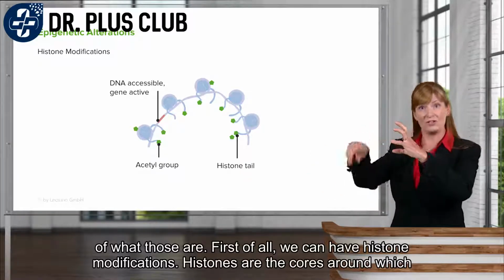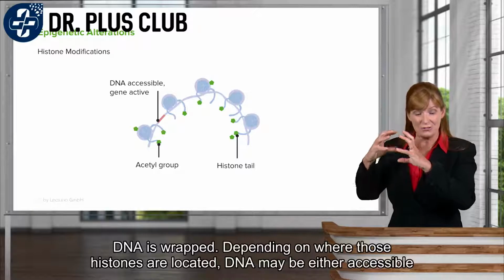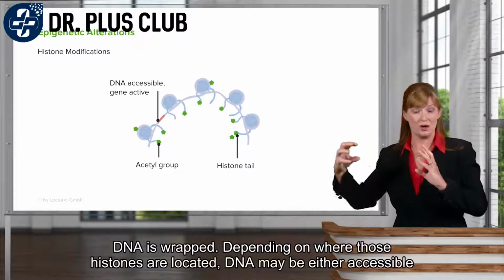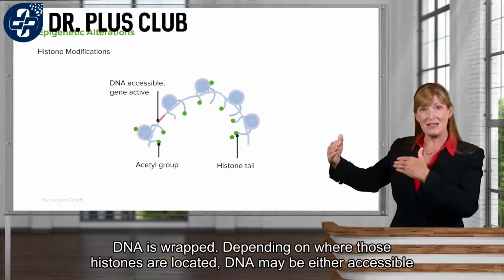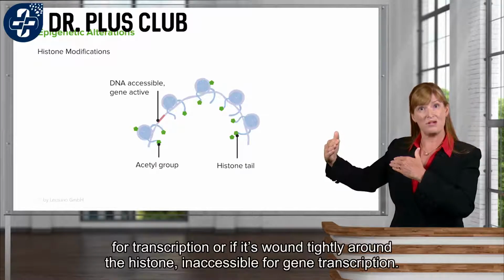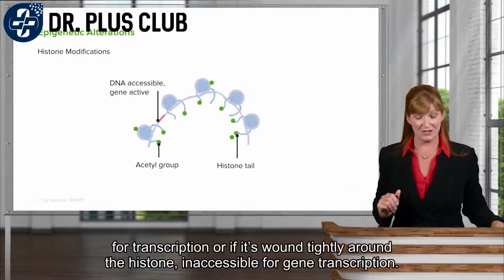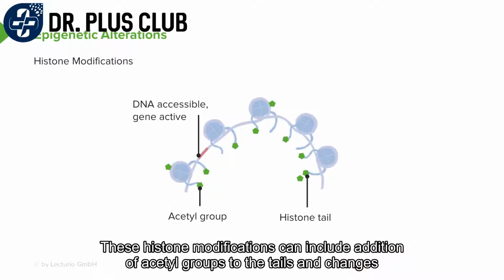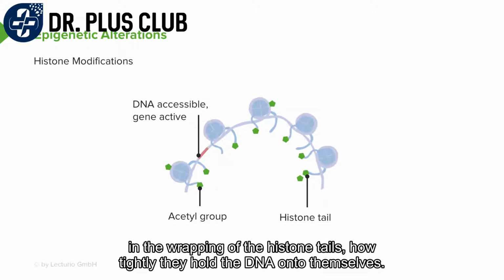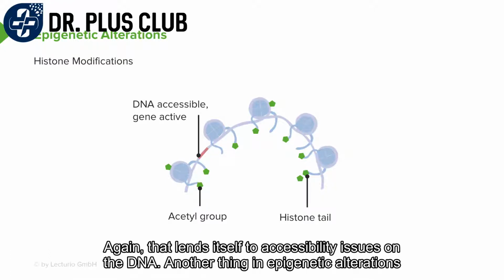Histones are the cores around which DNA is wrapped, and depending on where those histones are located, DNA may be either accessible for transcription, or if it's wound tightly around the histone, inaccessible for gene transcription. These histone modifications can include addition of acetyl groups to the tails and changes in the wrapping of the histone tails, how tightly they hold the DNA onto themselves. And again, that lends itself to accessibility issues on the DNA.